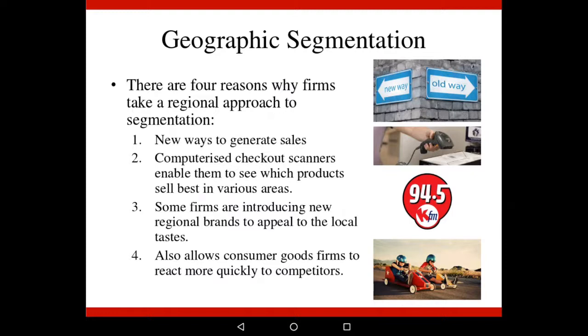So marketers like to approach marketing with a regional approach. We'll have a team that works in the Cape area, a team of marketers that works in the Joburg area, a team of marketers that works in the Durban area, and maybe a team that works in the inner part of South Africa, the bigger part, and so forth. So they can respond differently to different things.